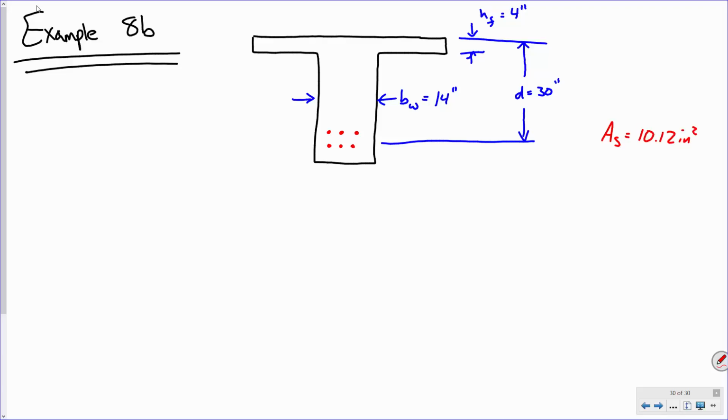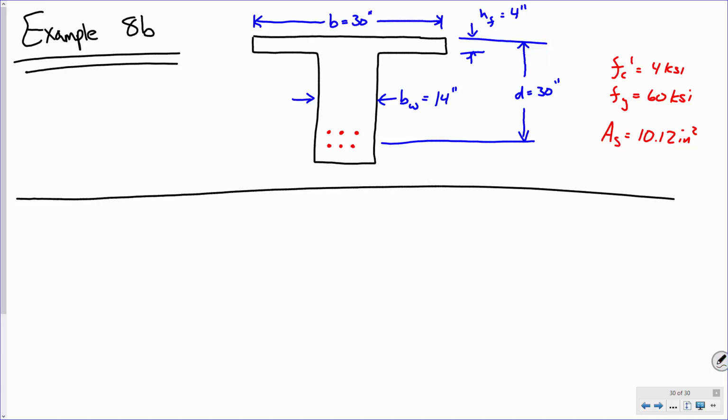And we've got this dimension b is 30 inches. All right. And we also know that f'c is 4 ksi, fy is 60 ksi. Right? Any questions?